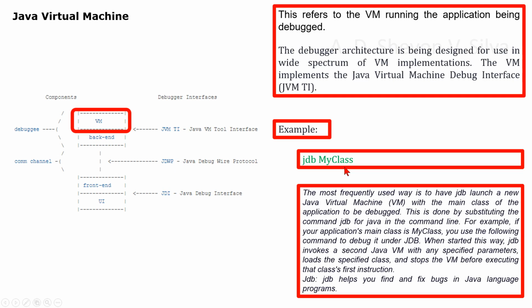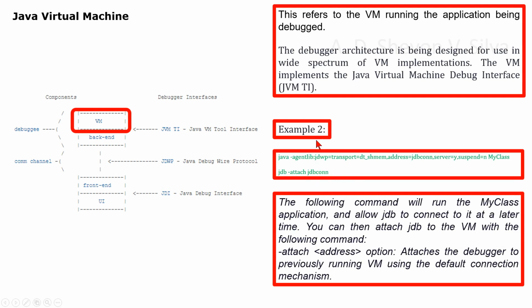When started this way, JDB invokes a second Java VM with any specified parameters, loads the specified class and stops the VM before executing that class's first instruction. JDB helps you to find and fix bugs in Java language programs.